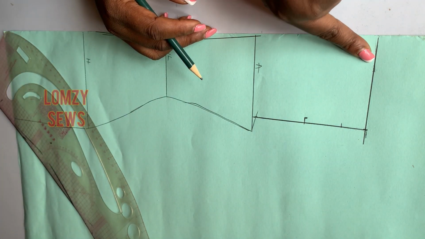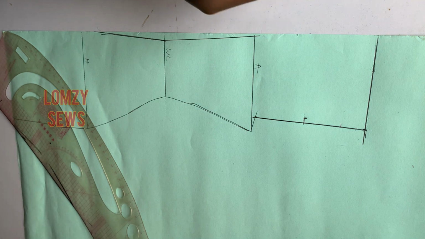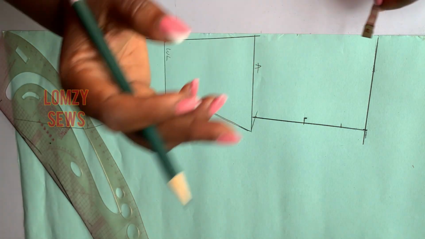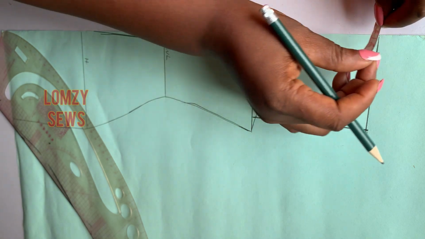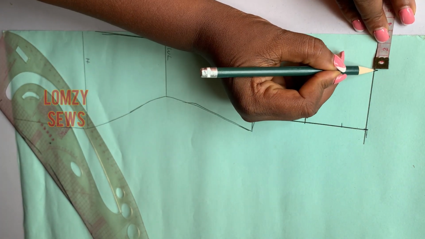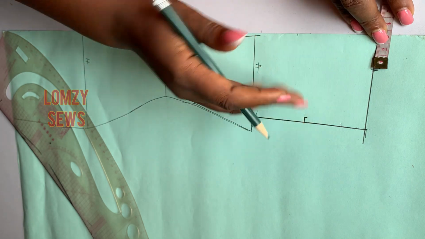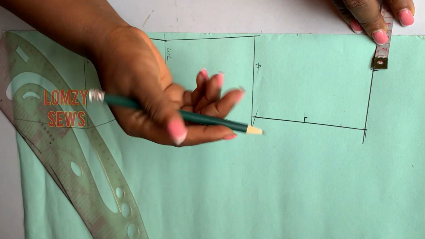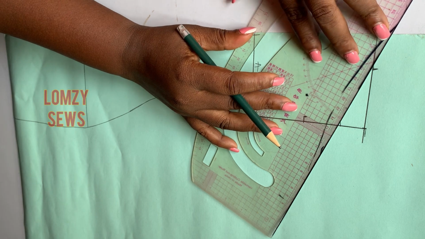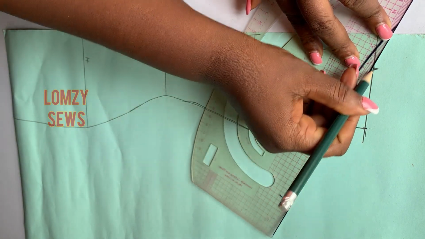Next, on the neck width, we are going to make the neck width 2 inches. Remember, this is a Queen Anne neckline. It's not like the normal neckline. So you make this 2 inches and mark it here. If you're plus size, you can make yours 2.5 inches. Then connect this to this place.